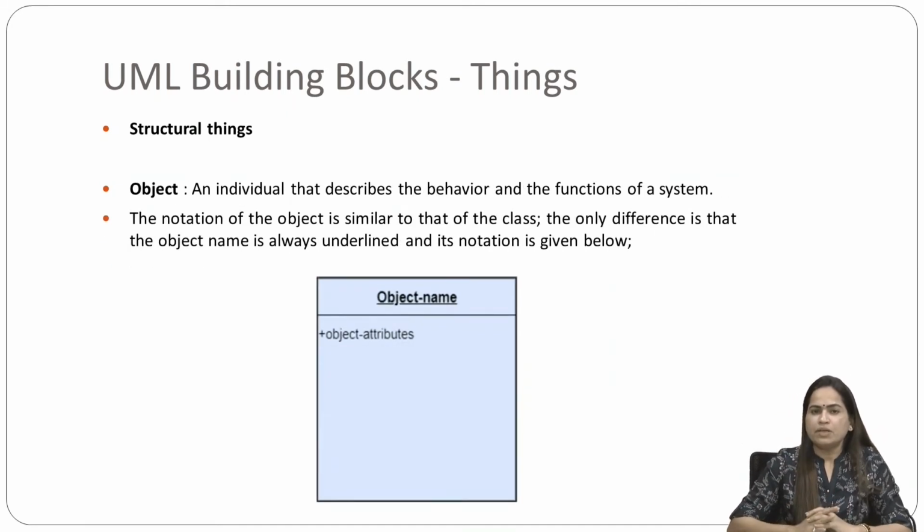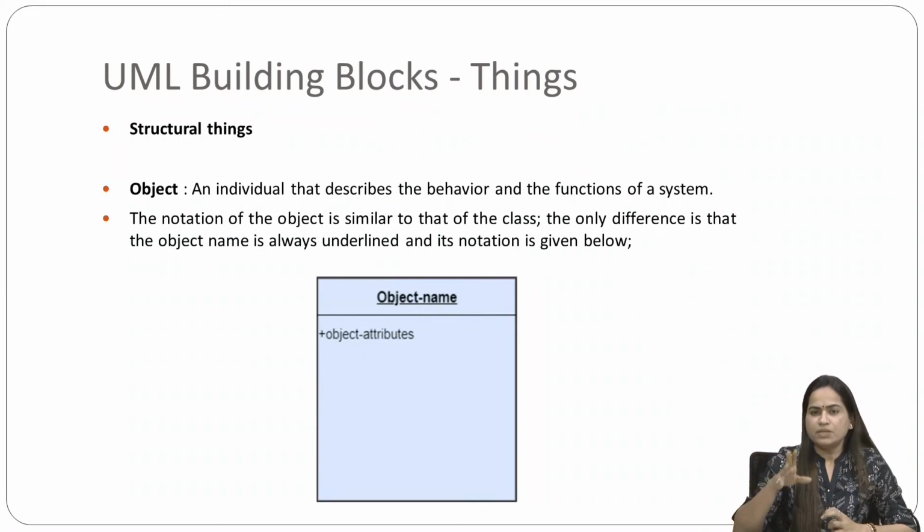Then after we have object. An individual that describes the behavior and the functions of a system is called an object. The notation of the object is similar to that of a class.